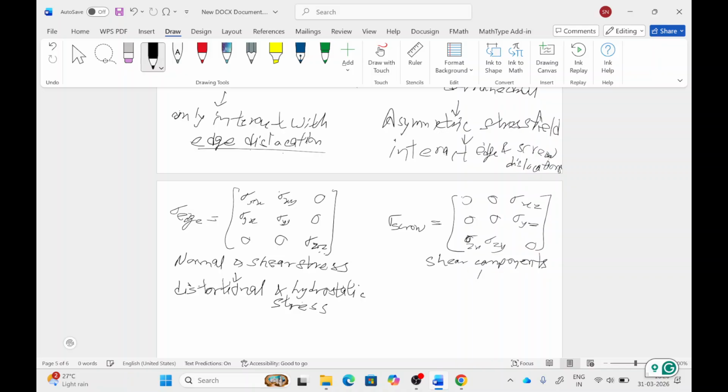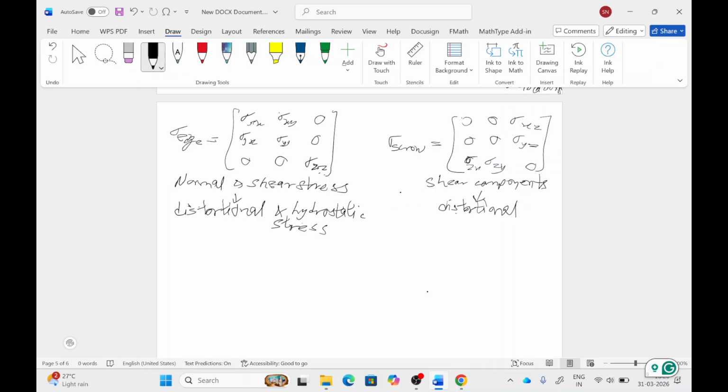Shear components only result in distortional stress or deformation, because the distortional and hydrostatic stress lead to deformation of the material. So this is the distortional field in the screw dislocation.